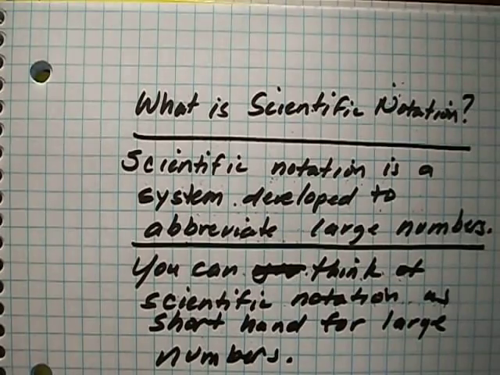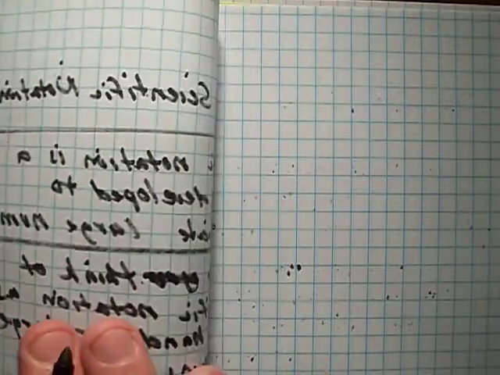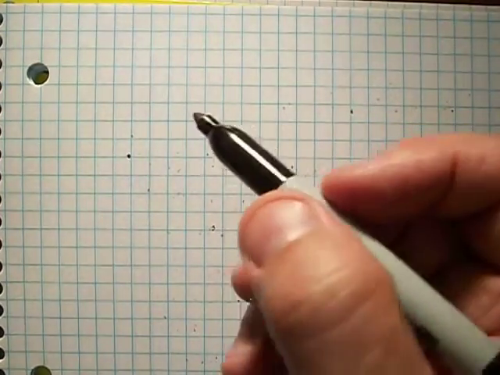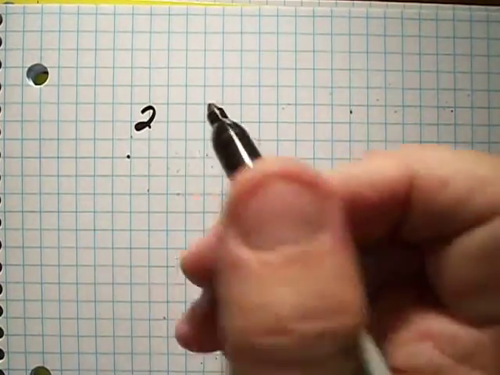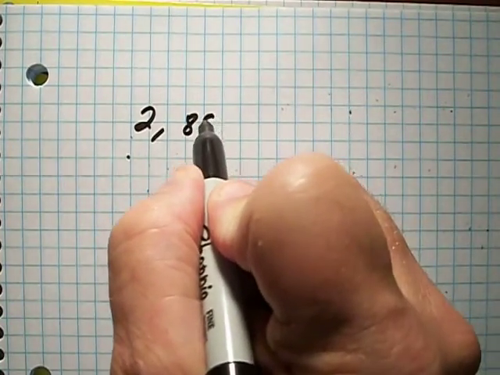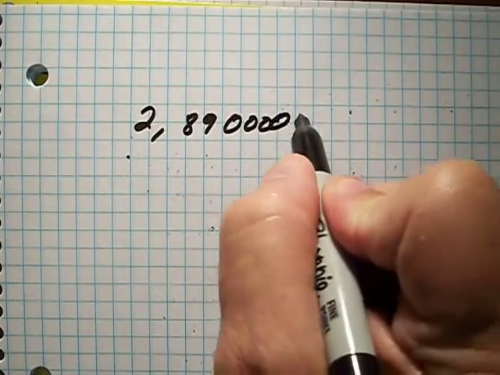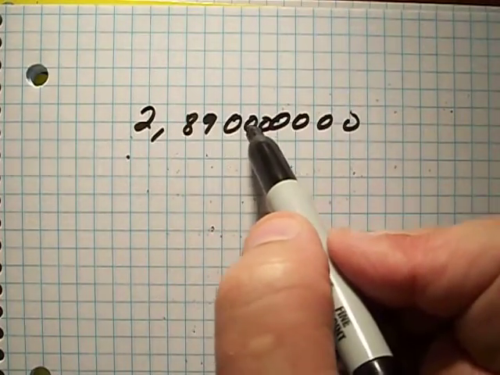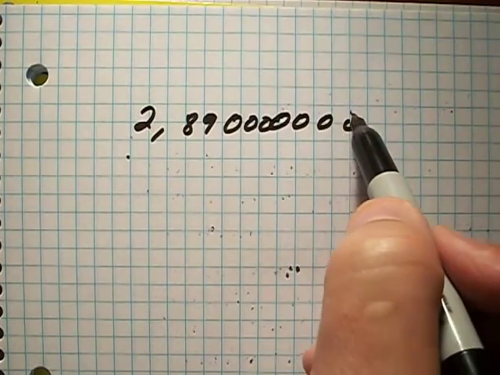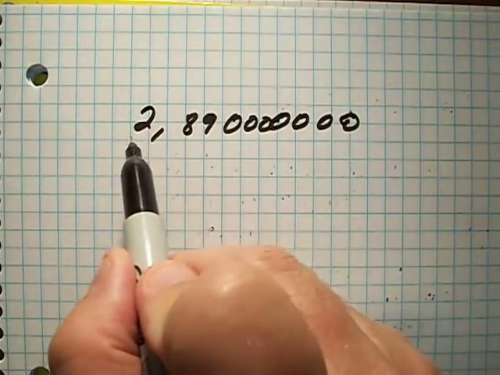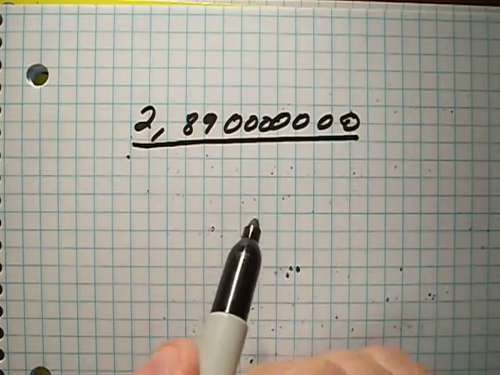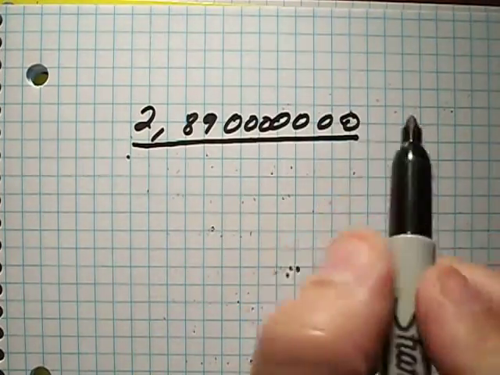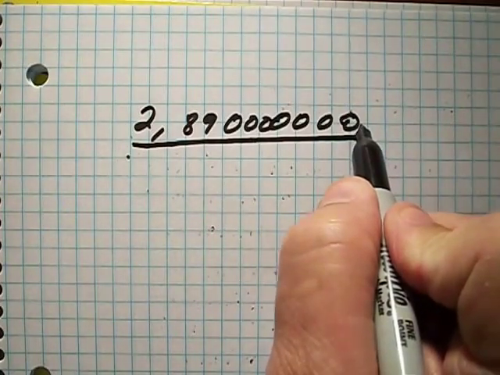Okay, let's go to our next objective, and we're going to get some practice. Let's say we get a big number and we're going to convert it to scientific notation. Let's look at a big number. Okay, we have 289,000,000. To convert this number to scientific notation, we begin with the decimal, and in this case the decimal isn't written, but we know that the decimal is here.